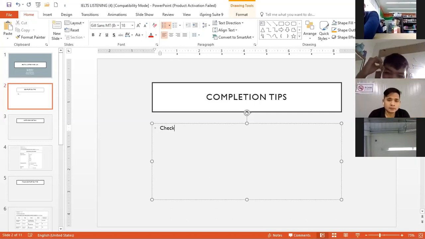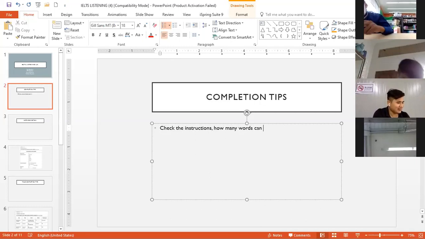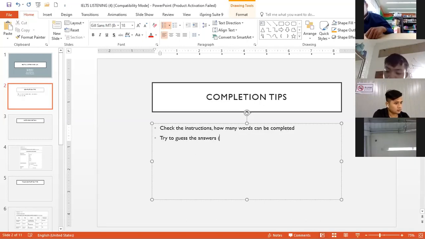No. First thing first, you need to know the instructions, especially how many words. Always read the instructions, exactly, because if you don't read the instruction, you might just fill in random words. And then, like Nam said, try to guess the part of speech.